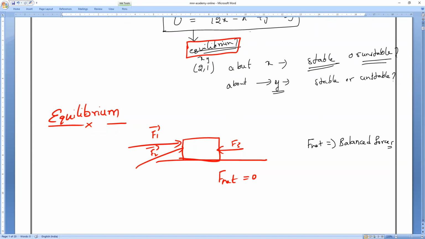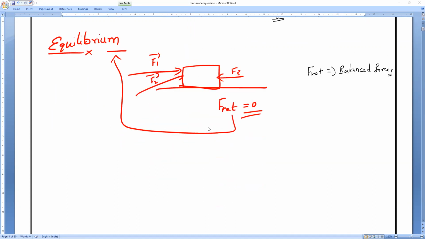Please respond. Yes. So here, if F net is equal to 0, the body is said to be in equilibrium. That's all it is. The simplest definition of equilibrium is: if the net resultant force applied on a body is 0, then that is what we call equilibrium.